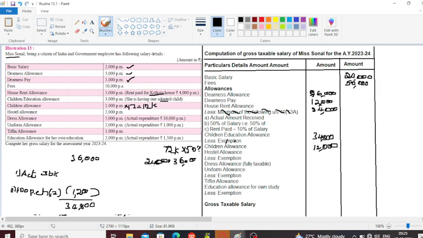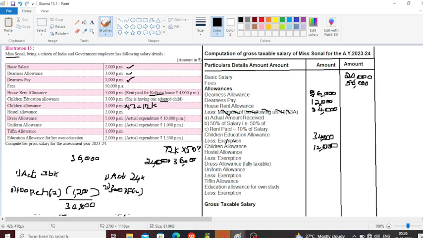The hostel allowance has some exemptions, that is first one is whichever is least of actually received, and second one is 300 per child per month, maximum allowed for two children. Here we need to calculate only one child because she has only one adopted child, so 24,000 is actually received by Miss Sonal, and 300 per month. If it is 300 per month, what will it be for 12 months?